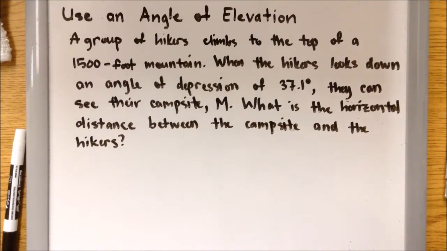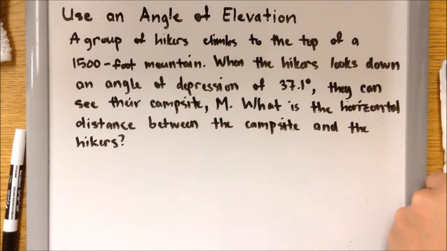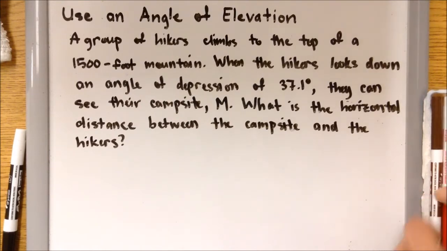In this word problem, we have to make sure we identify key information in order to create our picture to have a better visual, and then use the picture and the information from the word problem to help us find the missing angle or the missing side.